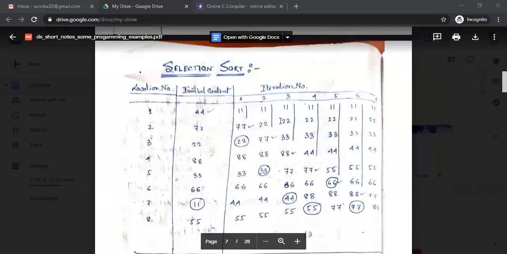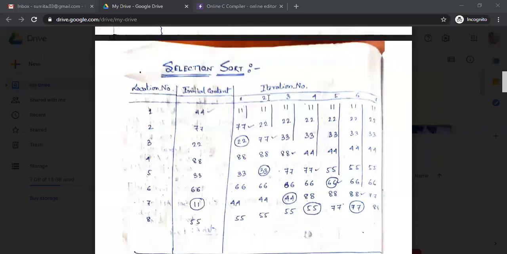Okay, so move on to the next iteration, which is number 2. According to our example, there is 77. 11 is already sorted. Just think about that. My first position is already sorted and occupied by the smallest element of your array.